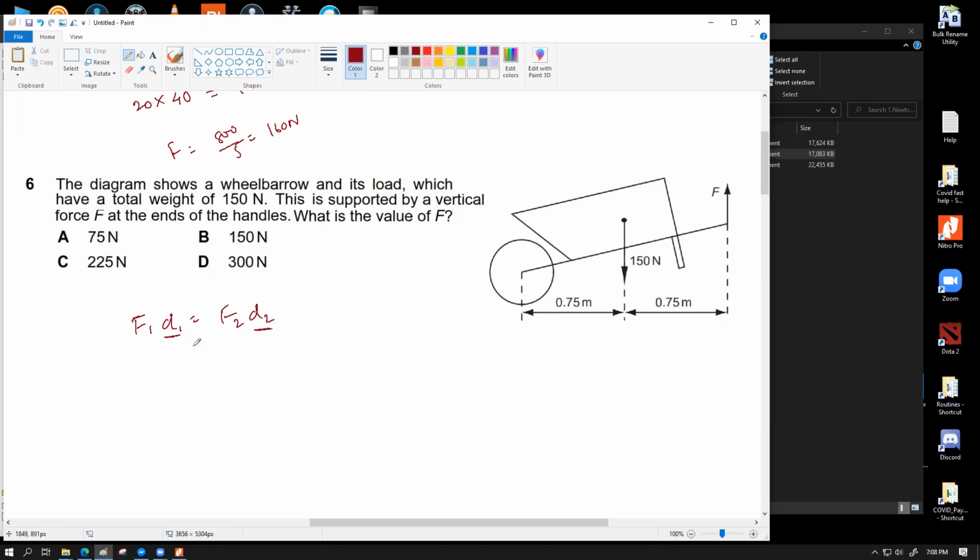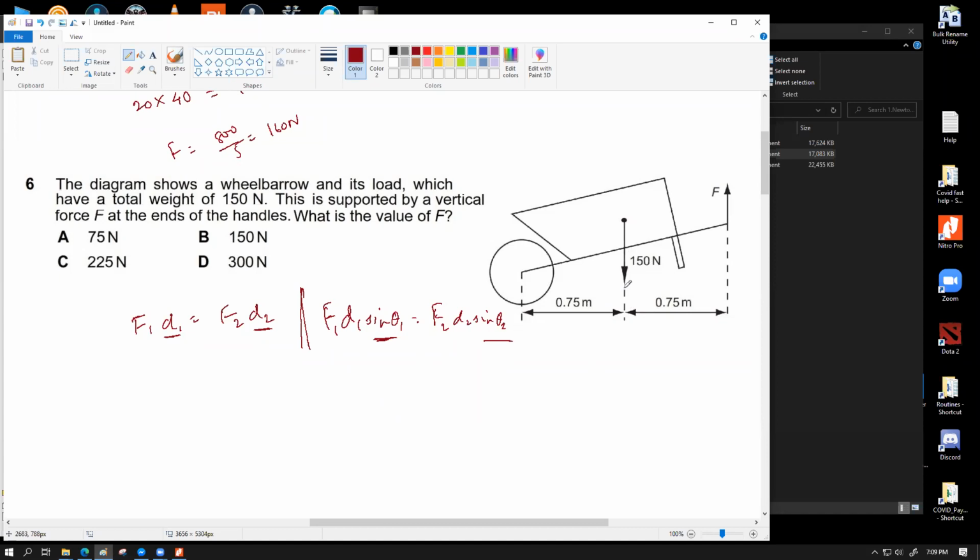If you don't think that this is a correct formula, I might also write this formula in a much more precise form, which might as well be F1 D1 sin theta 1 equals F2 D2 sin theta 2. Now you might wonder where this sin theta came from. Sin theta comes in because if the force and the distance are not at 90 degrees with each other, we have to take the sin theta in the equation.